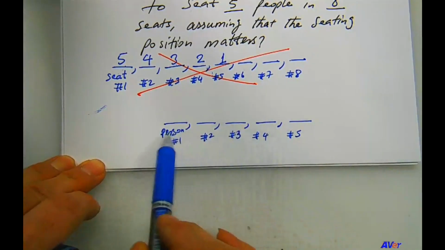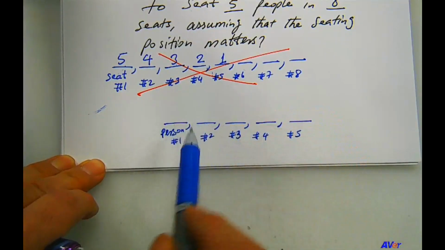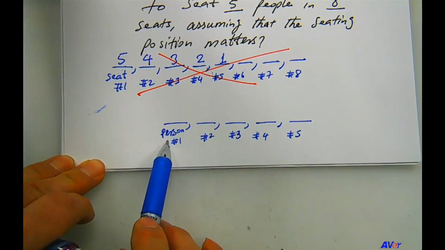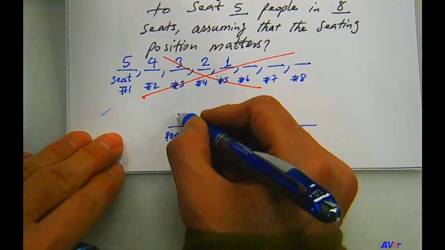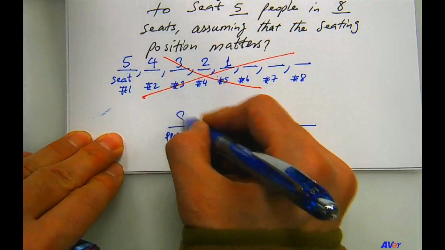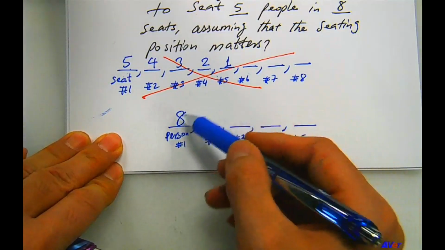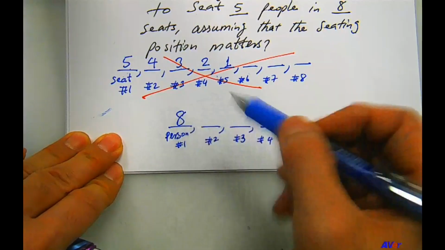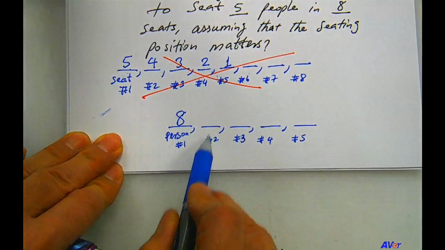But here we have 5 people. Now, how many choices does this person have to take a seat? Well, he or she has 8 options to choose from, right? Once this person takes up that seat, then how many choices does this person have to take a seat?